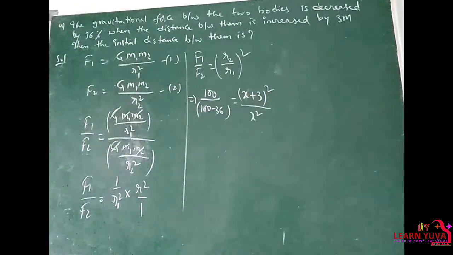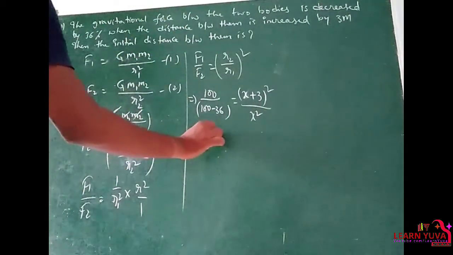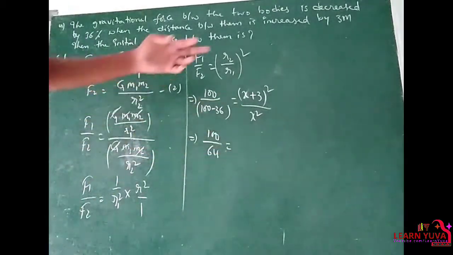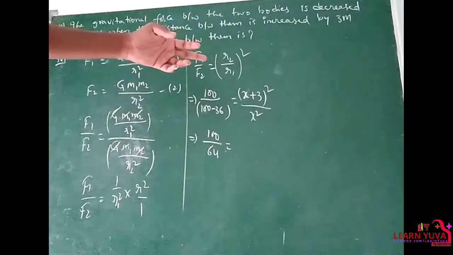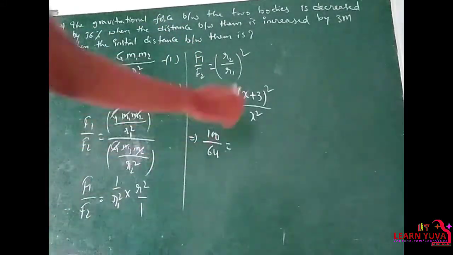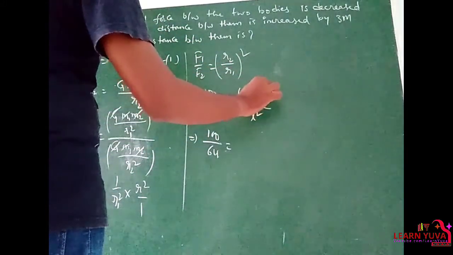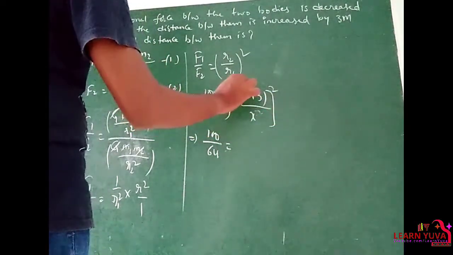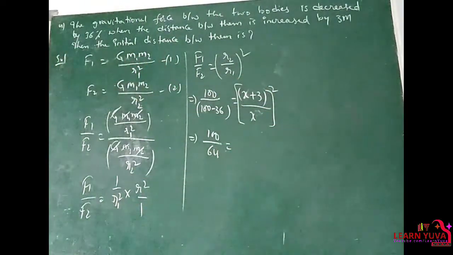Clear? So we have to find out the x value. So that implies 100 by 64 is equal to (x plus 3) whole square by x square. We can write it as a total whole square, so that for calculation it is easy.